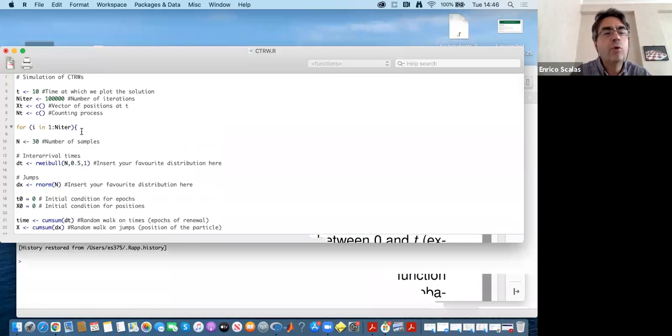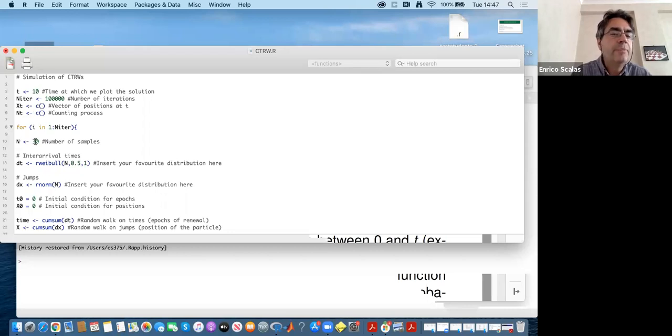And this for loop, in more generality, can become a while loop if you want to use random variables with infinite mean defining the counting process.